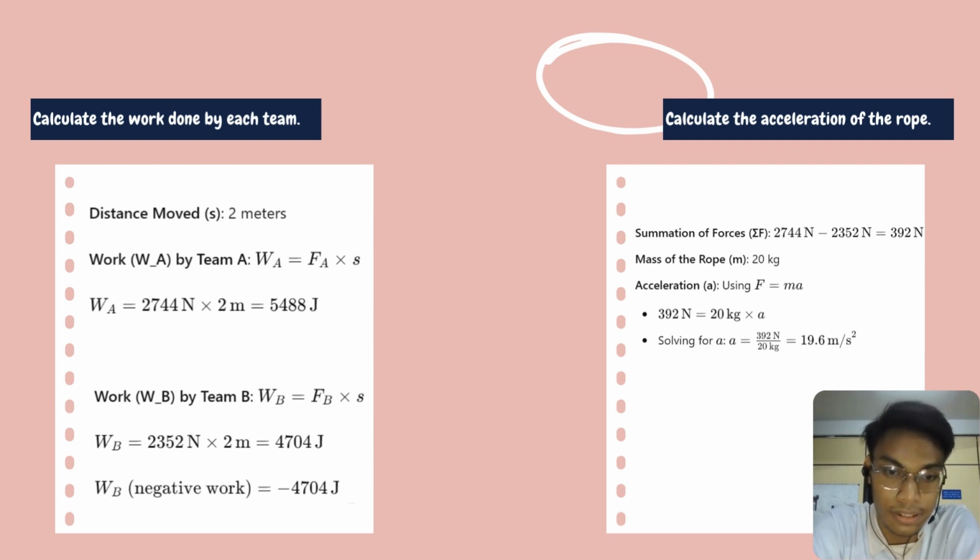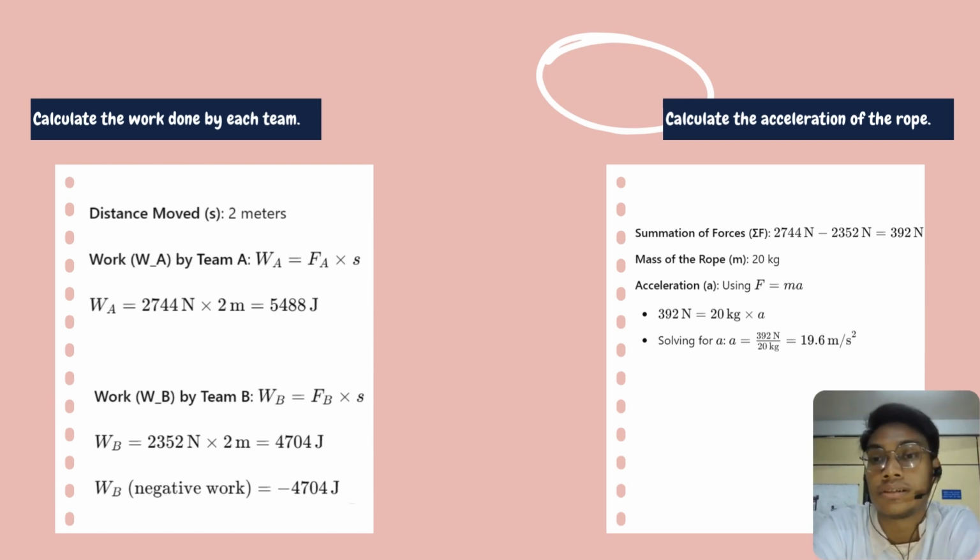For Team B, 2352 Newton multiplied by 2 meters equals 4704 Joule in negative, because it is the negative work done by Team B.